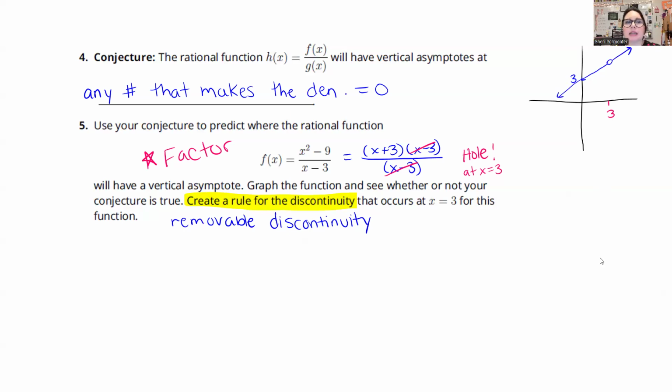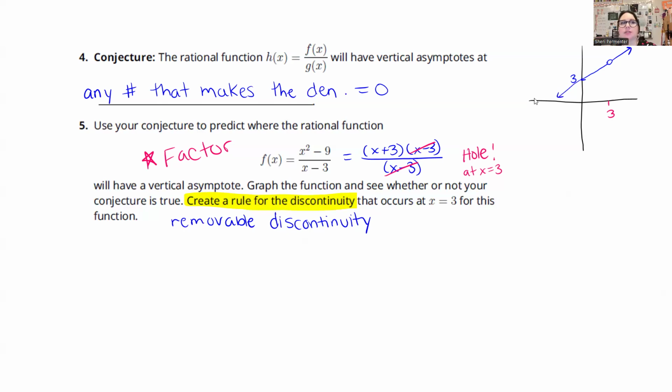So this is what I get is a graph. And you'll notice on your solutions that to show a hole, it's literally just that. It's a little hole in your graph. So anytime we remove a factor, it is a hole.